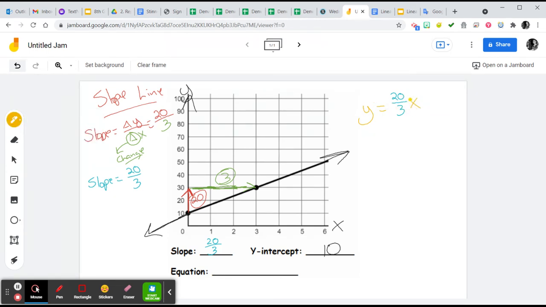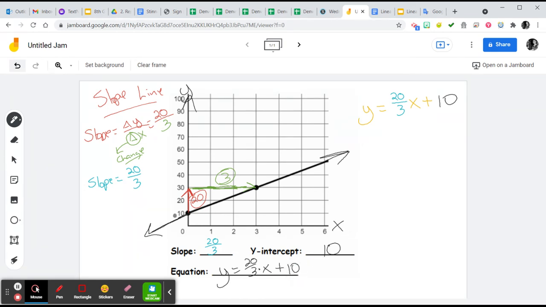So we have our variables y and x, plus we're going to add our y-intercept. And our y-intercept was just 10, okay? So our equation was y equals 20 over 3x, and this means times x, right? That's multiplication, plus 10, which is our y-intercept, okay?